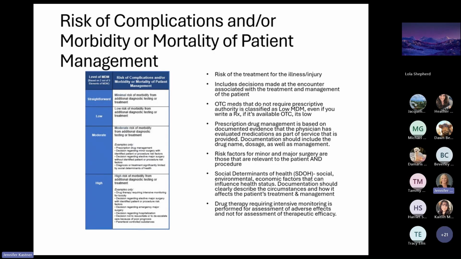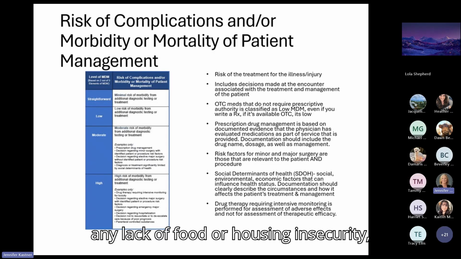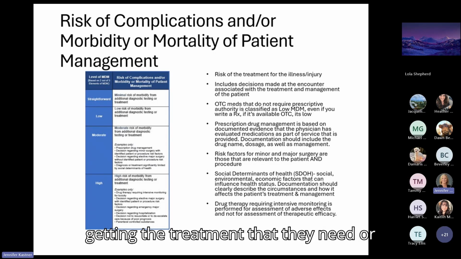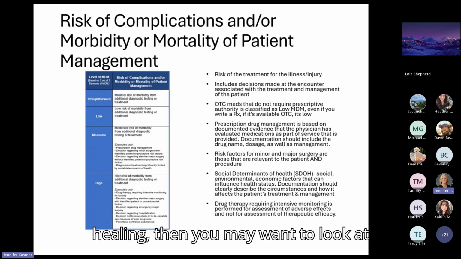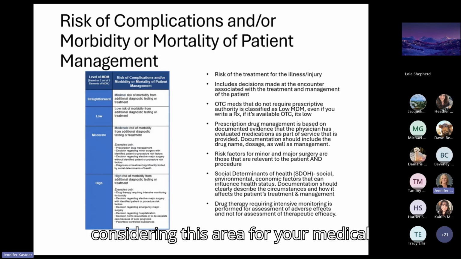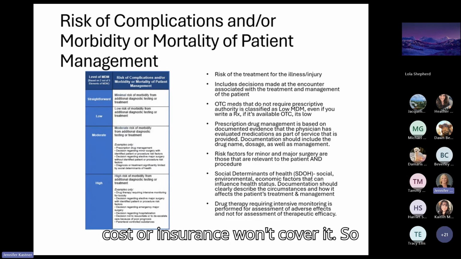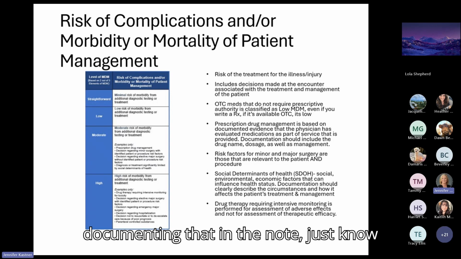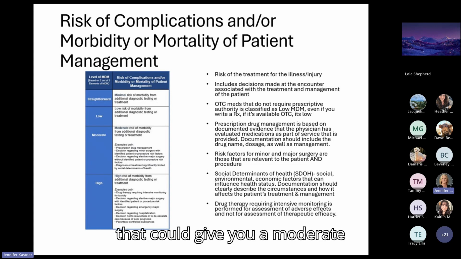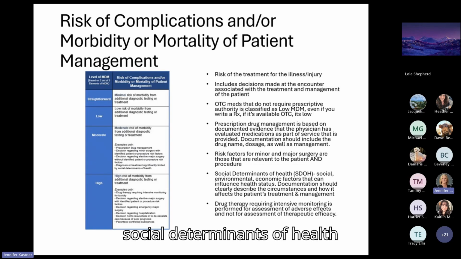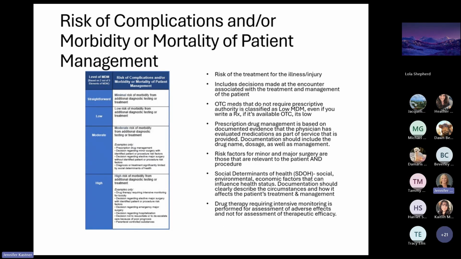So any lack of food or housing insecurity, if it's impacting your patient from getting the treatment that they need or healing, then you may want to consider this area for your medical decision making. Maybe the patient can't get their prescription because of the cost or insurance won't cover it. So document that in the note, just know that that could give you a moderate whenever they're having some type of social determinants of health insecurity.